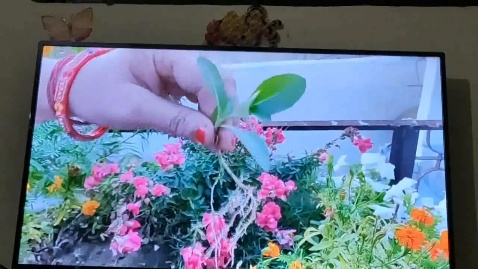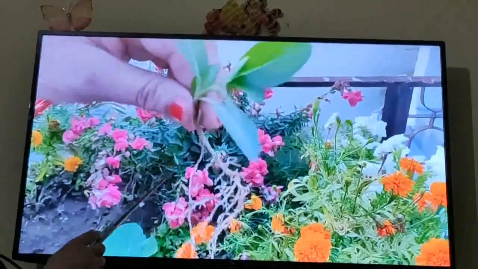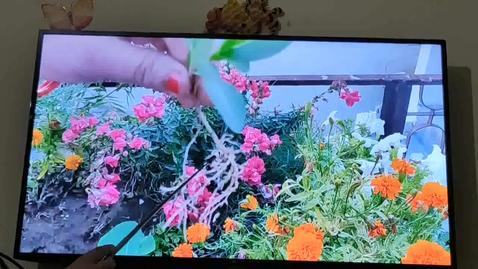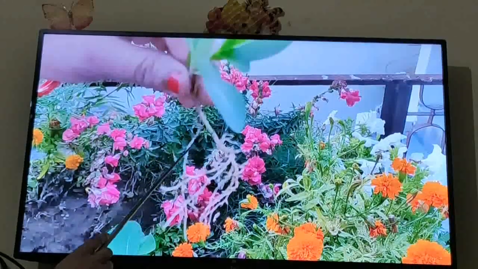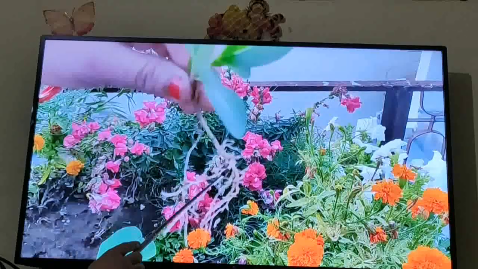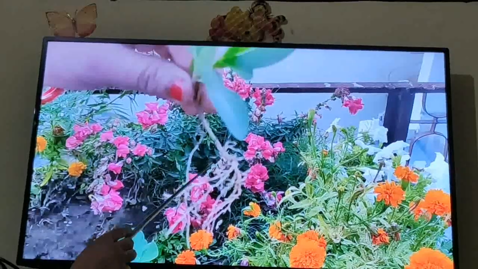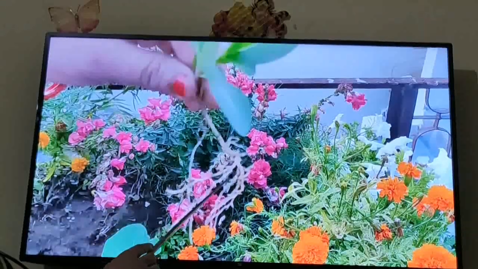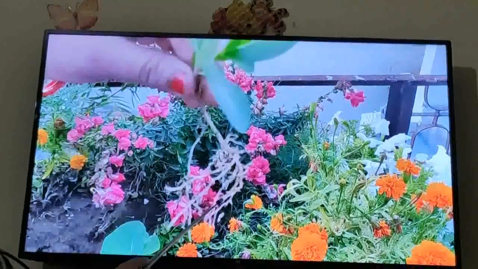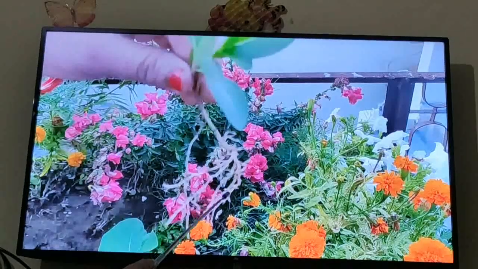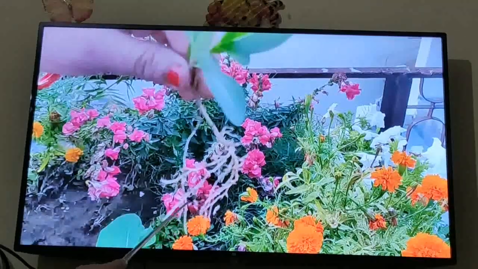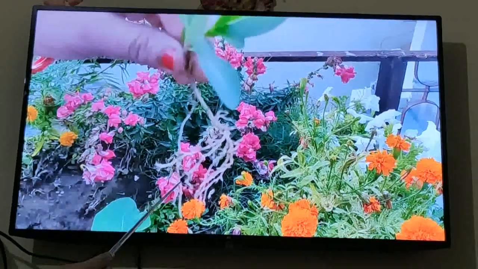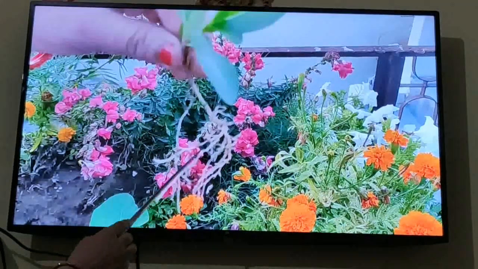Roots are mainly of two types. One is, see, look over here, what is this? This is a tap root. Why? Because it is straight from the start, a tapering root which grows vertically down into the soil and gives out smaller side roots called lateral roots.